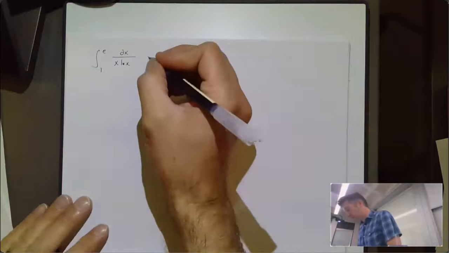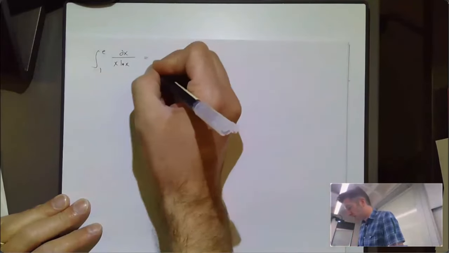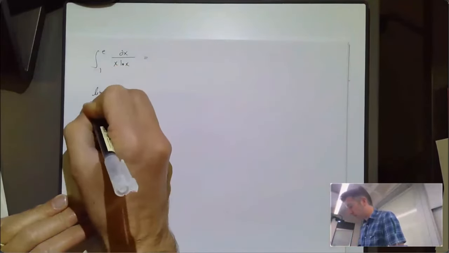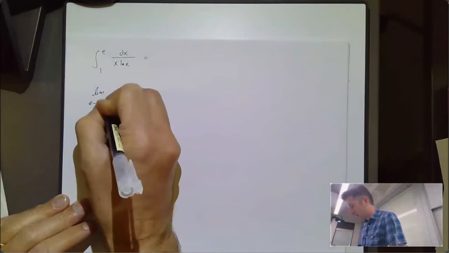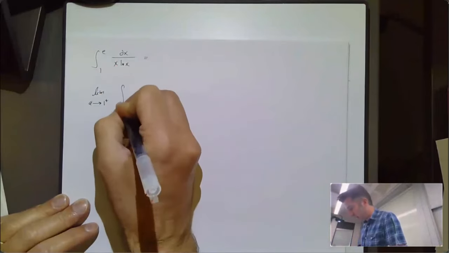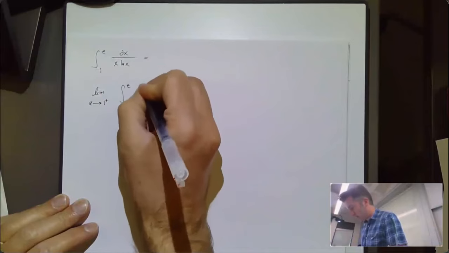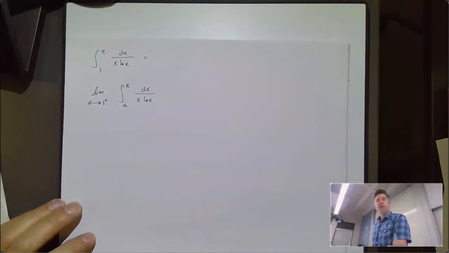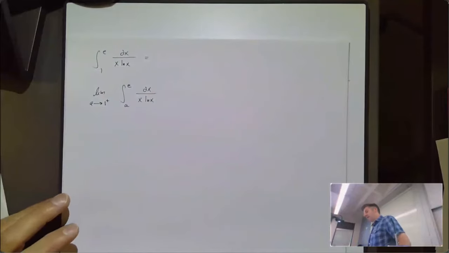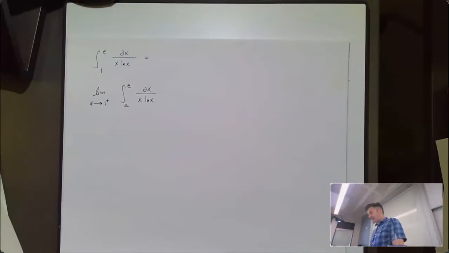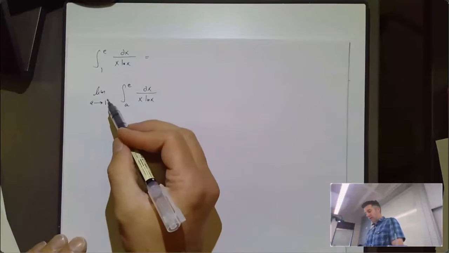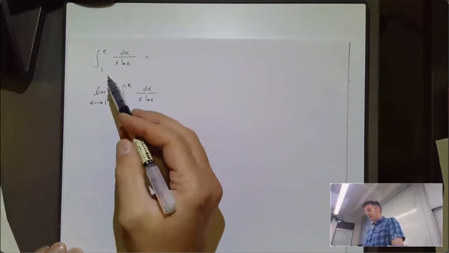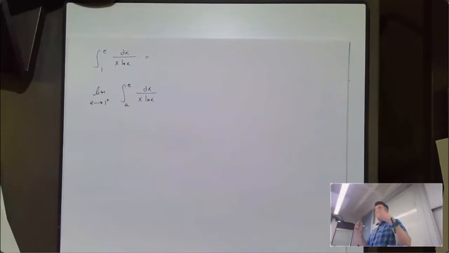So we do need to rewrite this as the limit as a approaches 1 from the right of the integral from a to e of dx over x natural log of x. And it's definitely important to get the right side of this, meaning if I'm between 1 and e, I have to be approaching 1 from the right side because I'm bigger than 1.